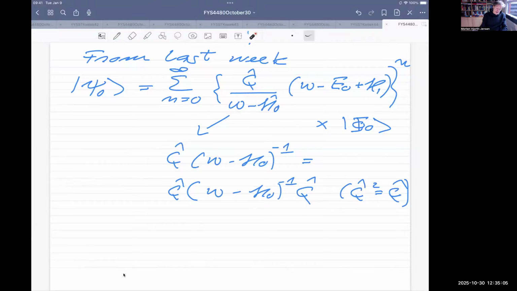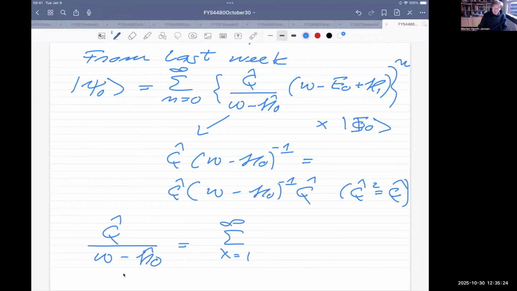So in principle then, if we now write it the way we have in psi 0, the way you should read it is Q divided by omega minus H0. This is the same as a sum over all the states from 1 to infinity. And we start the summation from lambda equals 1, simply because we have a model space, or an effective Hilbert space, which contains only one state, the ground state.